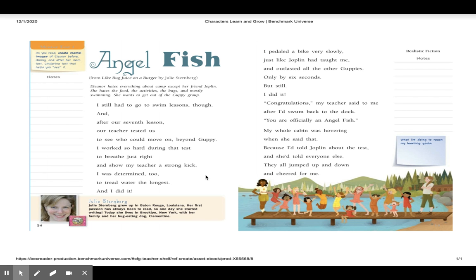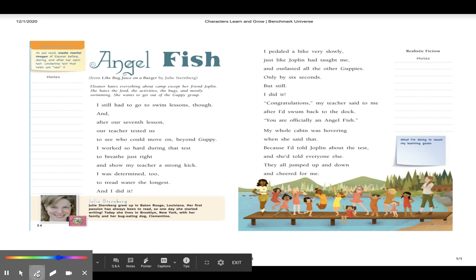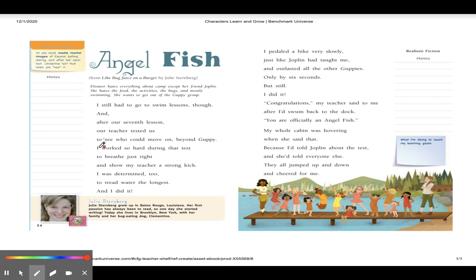So now we're going to reread this story. I still had to go to swim lessons though, and after our 7th lesson, our teacher tested us to see who could move on beyond guppy. I worked so hard during that test. So I'm going to underline some important parts of our story.